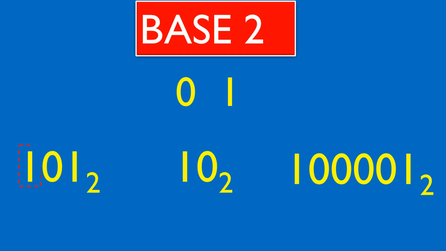You see your 1, less than 2, 0, less than 2, and also your 1. Similarly, you have this 10 there, it's also in base 2. Likewise, your 1, 0, 0, 0, 0, 1 also in base 2. So that's what we have, examples of base 2 numbers.